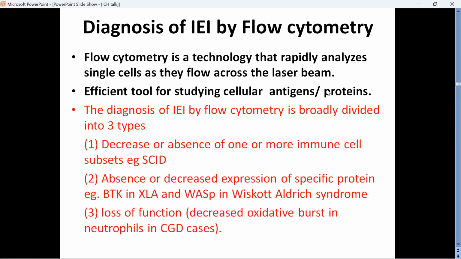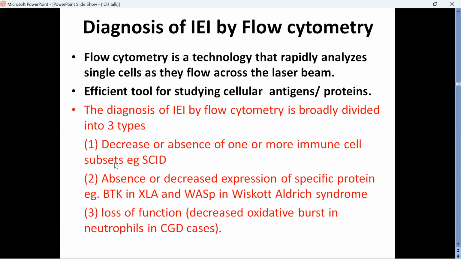Now, how does flow cytometry help in the diagnosis of inborn errors of immunity or PIDs? Basically by three methods. One is if there is a decrease or absence of one or more immune cell subsets. For example, you are studying the lymphocytes. If there is complete absence of T cells, or if the T cells are reduced, we can diagnose the condition as combined immunodeficiency.